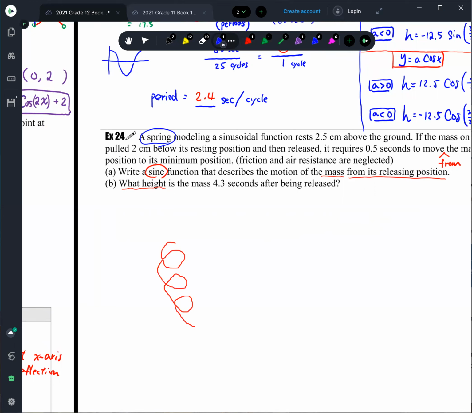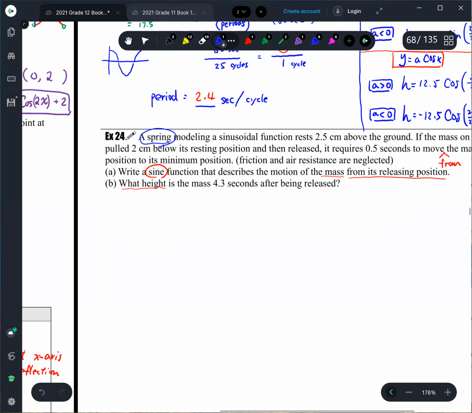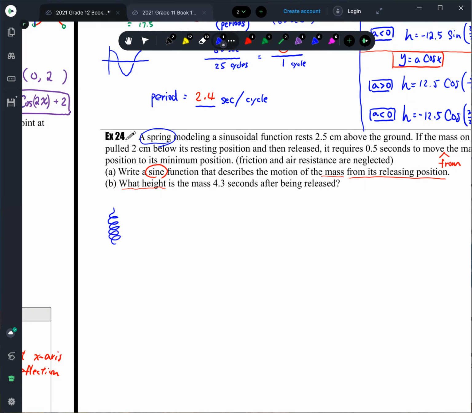And then we're gonna hang a little mass there, right? Okay, so draw a spiral thing here, right? And then we need to hang something, right?